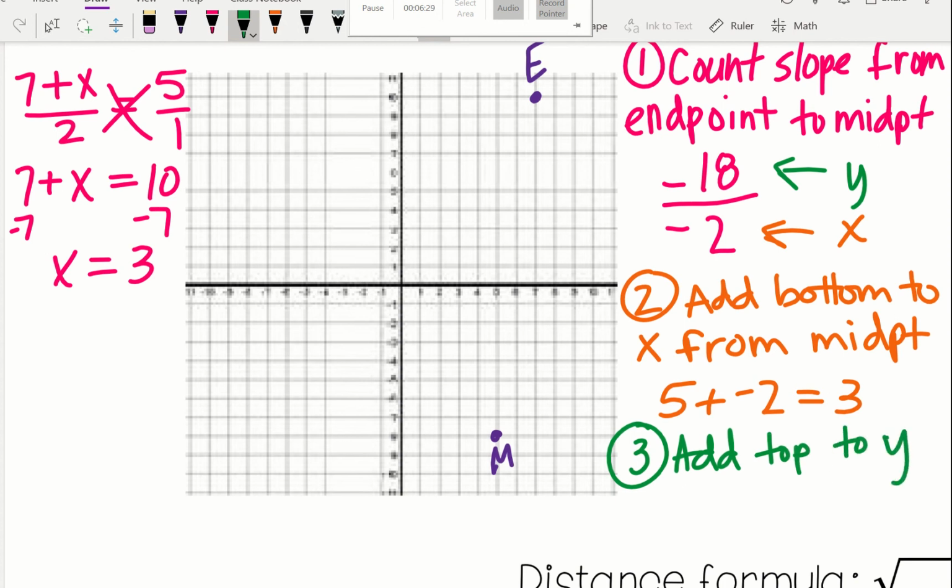What's the y of my midpoint? Negative 8 plus negative 18 gives me negative 26.